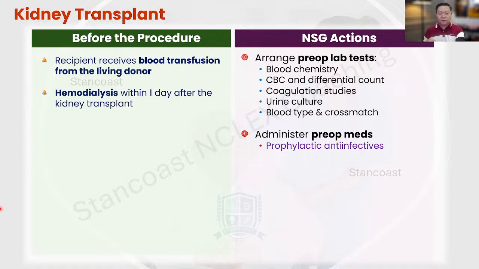But in order for us to protect the patient from a possible opportunistic infection to occur, then we need to prevent that from happening by administering them the prophylactic anti-infectives.